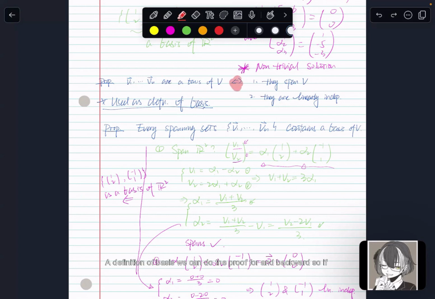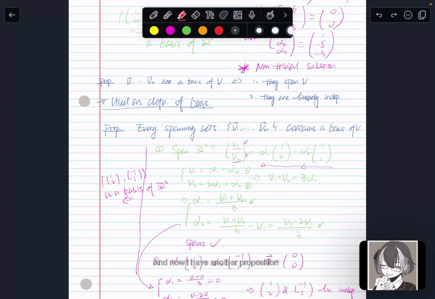We can do the proof forward and backward. If they're a basis, then they have to span and be linearly independent. And if they span and are linearly independent, we know they're a basis. I skipped the proof, but it should be able to be found online.